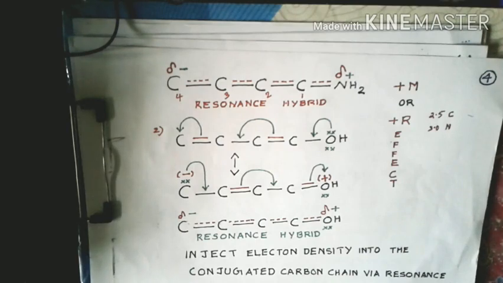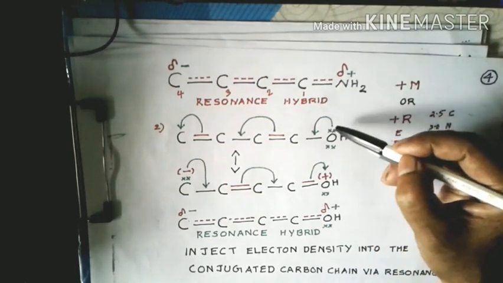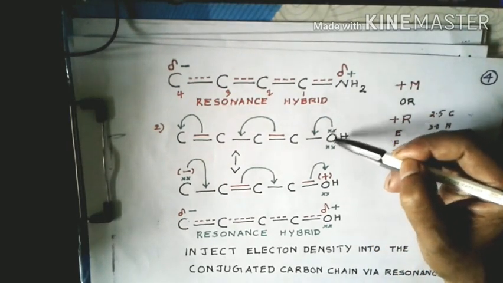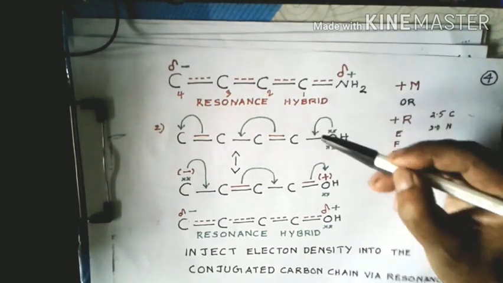And coming to the case of an OH group connected to a conjugated carbon chain, there is also a shift of electron pairs. One of the electron pairs of the oxygen atom in the OH group will be shifting like this.